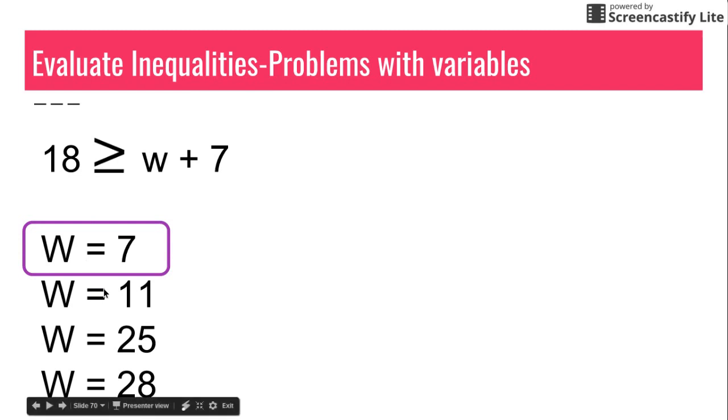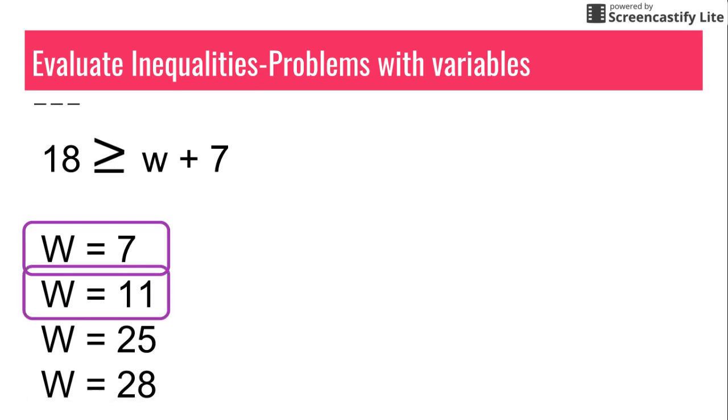Now next, let's try the value 11. 11 plus 7 is 18. So is 18 greater than or equal to 18? Yes, it's equal to 18. So that one works as well. Now if we put the value of 25 in for W, 25 plus 7 gets us 32. Is 18 greater than or equal to 32?